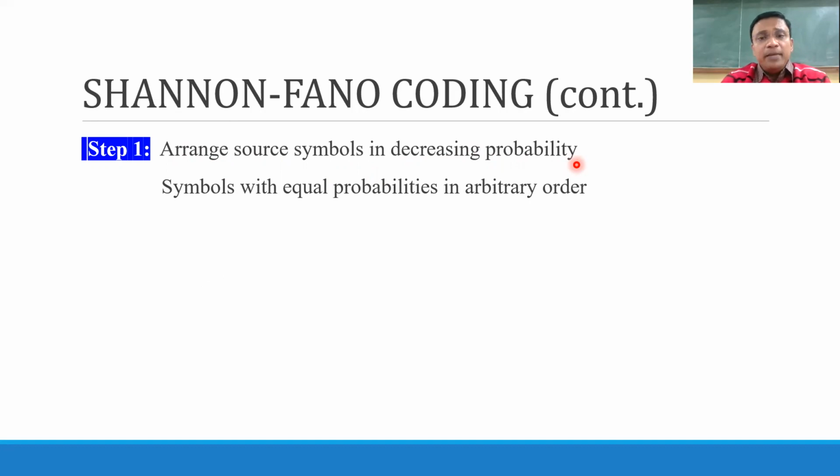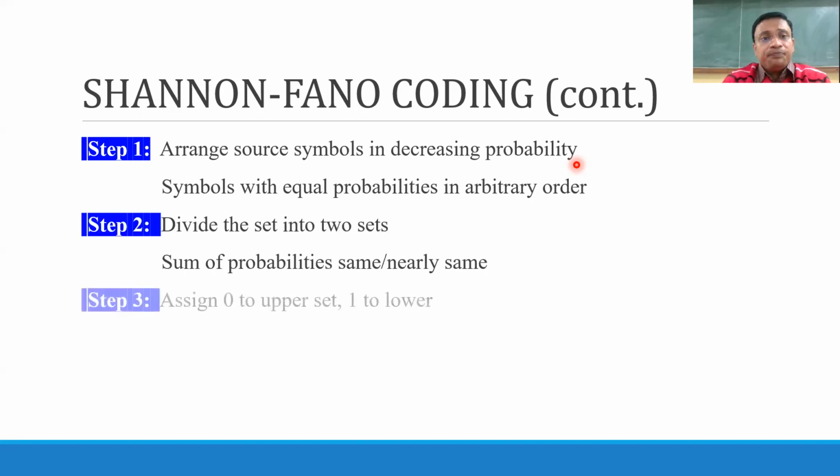From those probability distributions, you have to arrange the source symbols, keeping the highest probable symbol on top and the lowest probable at the bottom. That will make the decreasing probability arrangement. Now, there might be some cases where two or more symbols have equal probabilities. In that case, it is up to you how to place those. They can be placed in any arbitrary order.